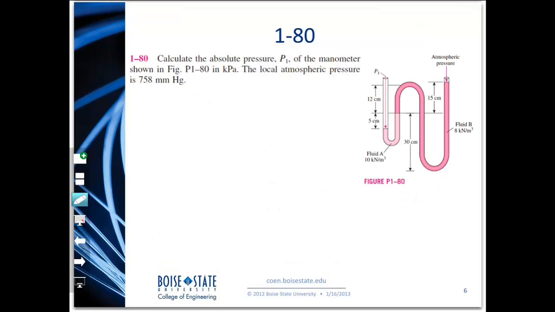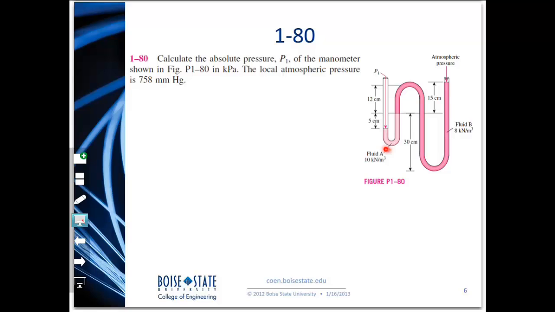You're asked to calculate the absolute pressure P1 of the manometer shown in this figure in kilopascals, and the local atmospheric pressure is 758 mm of mercury. The way you do these problems is you start with a location, for example here, and then keep moving around the tube, making sure you know the fact that two locations on the same horizontal plane will have the same pressure, so you can use that fact.